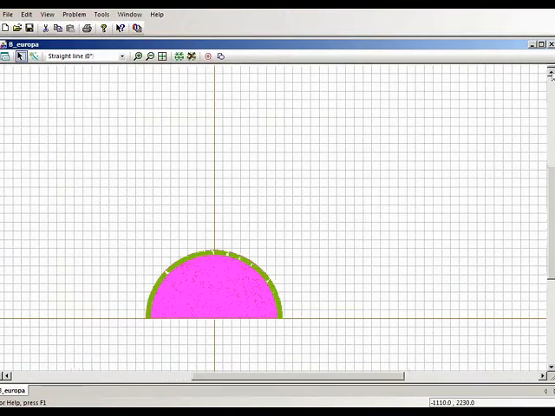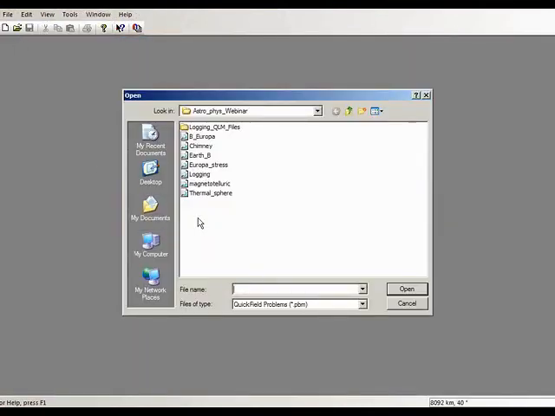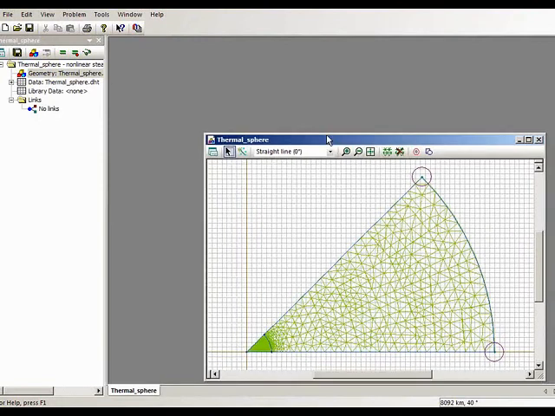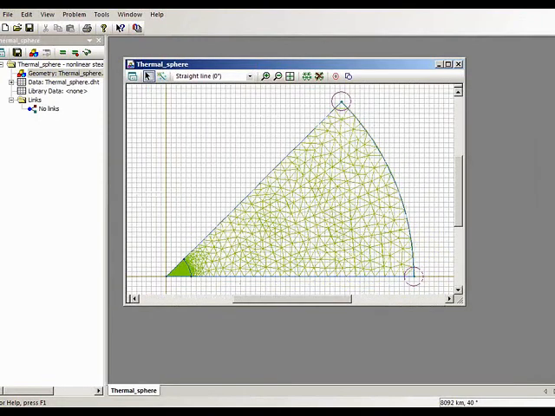I'll show you an example of that. This simple geometry I've constructed would be a spherical region. However, I've just made a pie-shaped element here to save space.